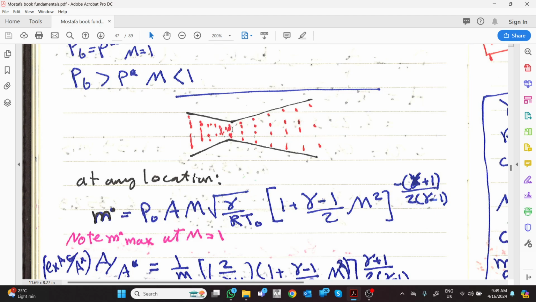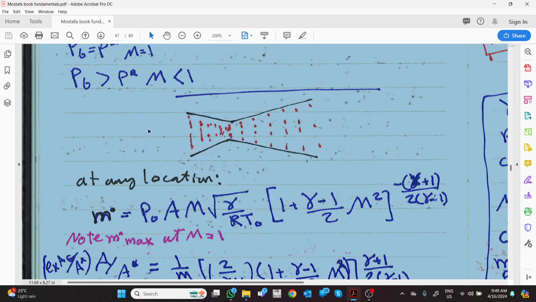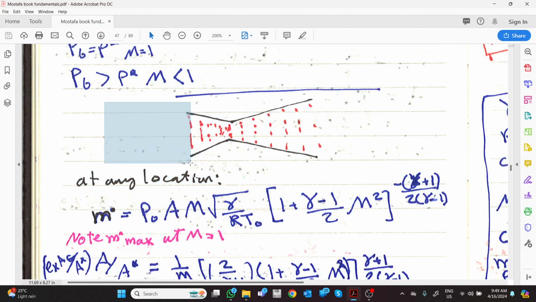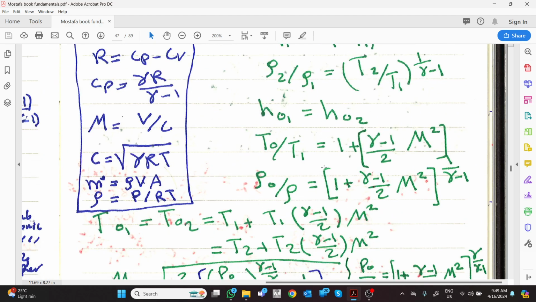Because energy is never destroyed or removed, whatever energy you give, if it returns back isentropically, you will reach the stagnation condition. So this point has a stagnation condition equal to this point, equal to any point, because it will return back. The stagnation condition can be summarized as: if you have a tank here, and the velocity inside the tank is almost zero, and because this is the source for all of this, the condition in the tank is the stagnation condition for all of it.